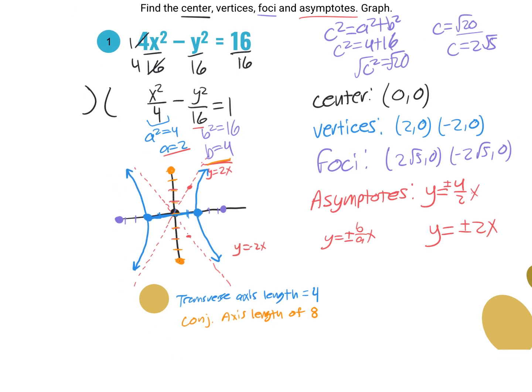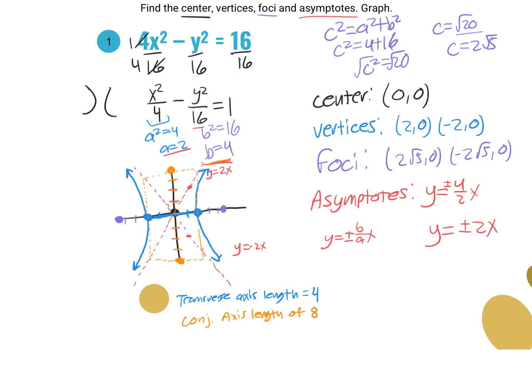But again, that one's not super important. We don't really pay much attention to the conjugate axis and the co-vertices. But that's just so that you guys are aware there is that extra stuff, right? And then you'll see that if you draw a little box connecting your co-vertices and your vertices, your asymptotes do go through them.